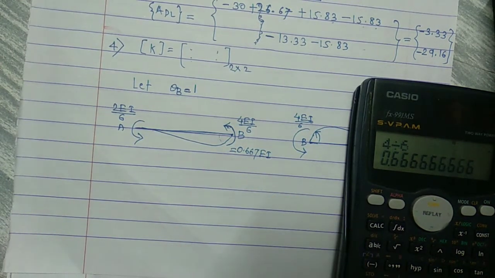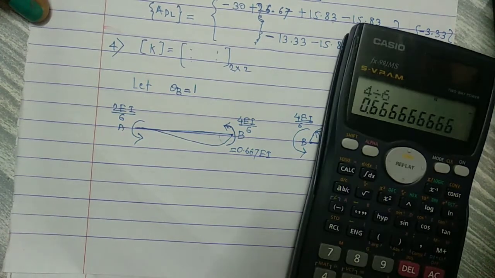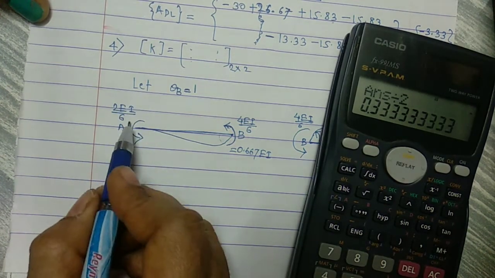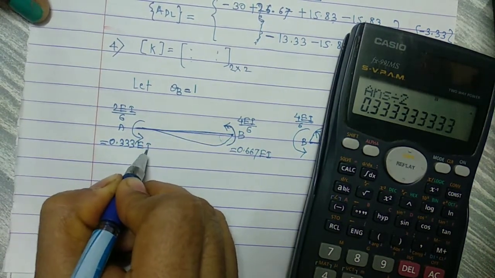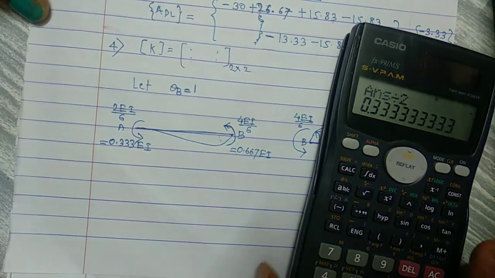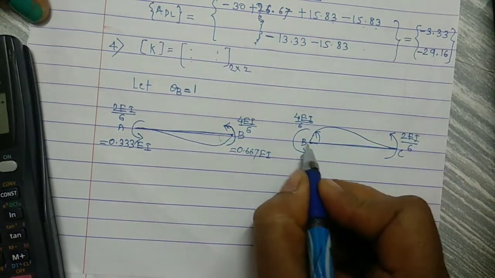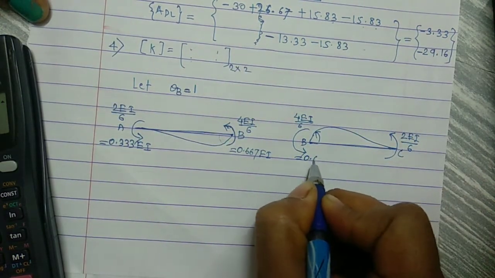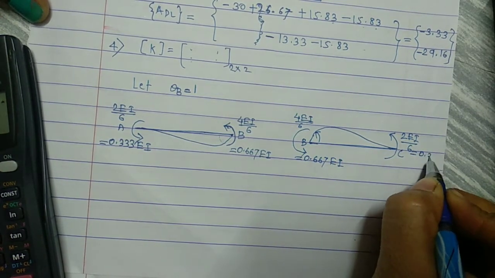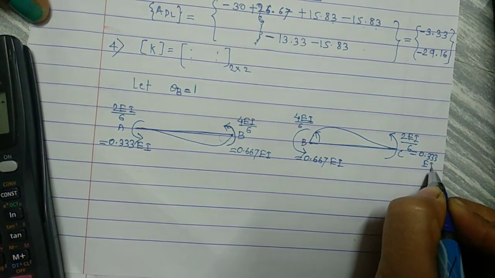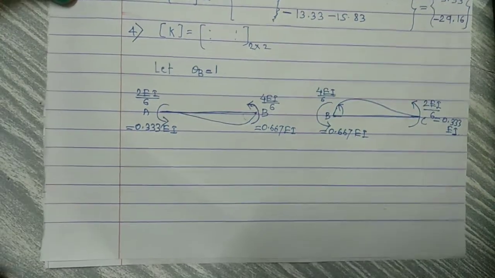EI we will take as it is, we'll take it common outside the matrix, and this divided by 2, that is 2 by 6 EI. This is equal to 0.333 EI. Okay, now here the same values will be there because the denominator is common. This is for theta B equal to 1.